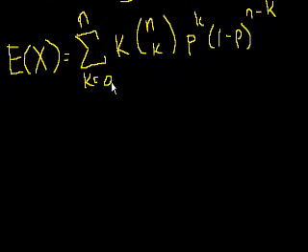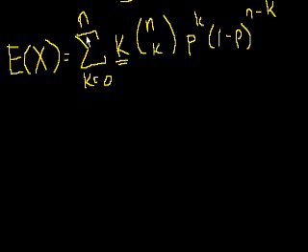So the first simplification we can make is that we're summing from k equals 0 to n. So the first term here has k equals 0, so this is going to be 0 in the first term. If this first term is 0, then this whole thing is going to be 0, and the k equals 0th term won't contribute to the sum. Let me write that out.